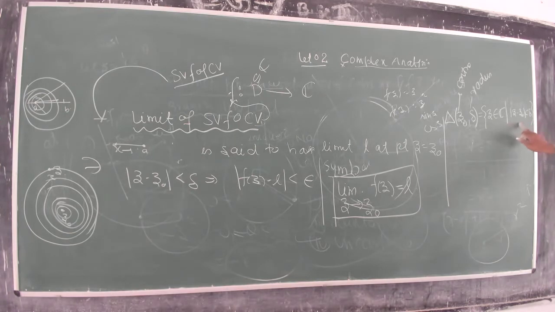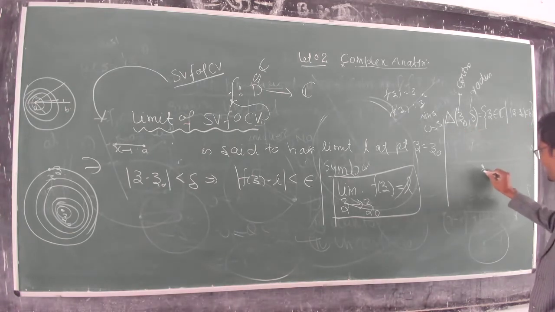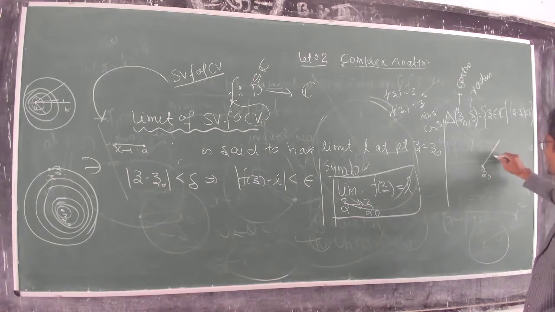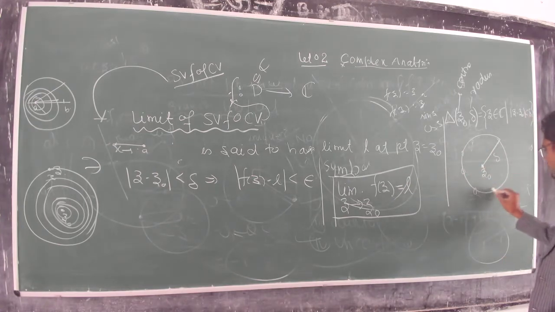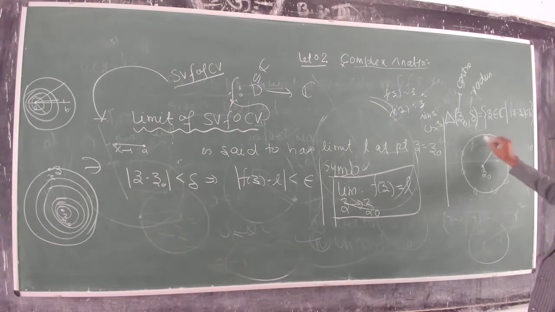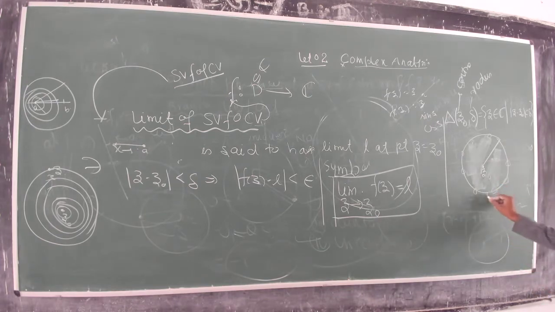If you remember, what is the geometry? z naught is here. Take the delta radius. This boundary is not there, see, it is strictly less than delta. But this inside part is included, and this is known as the delta neighborhood of z naught.